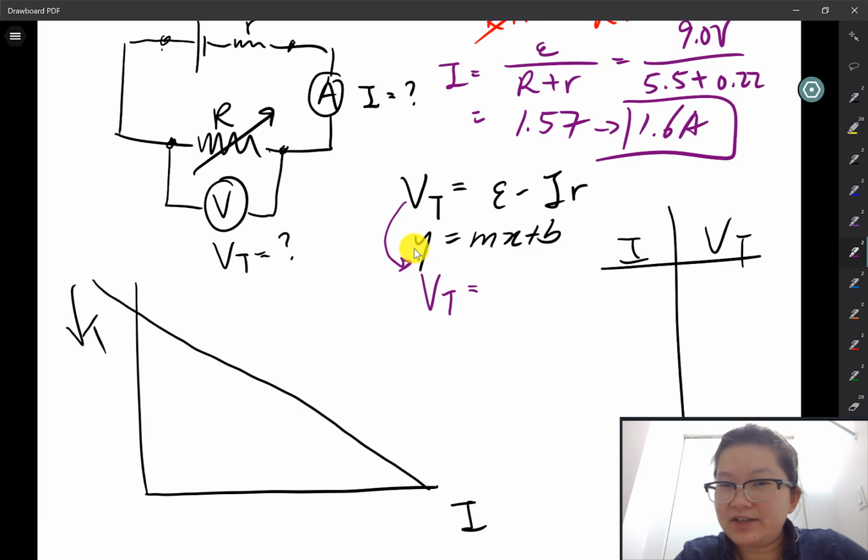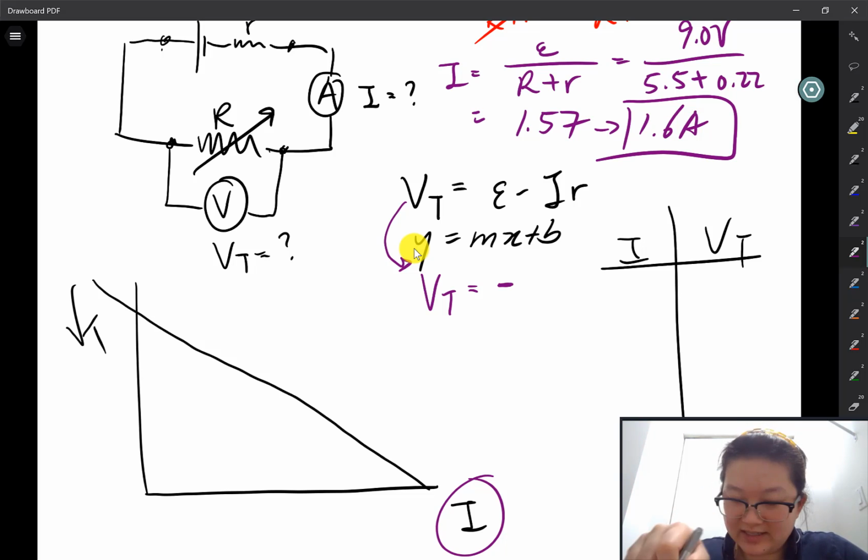Well then, our x is actually the I, okay? The I is x, because we're plotting that on our x-axis. So it's actually going to be negative. The negative stays, which actually explains why the slope is negative. It's going downwards, or downwards for your mirror image here for video taking. So the I and the r come together.